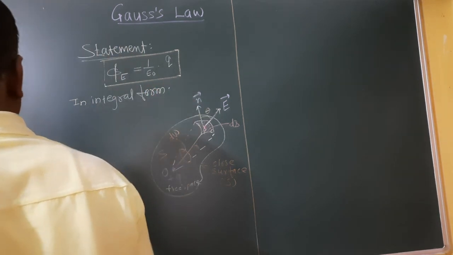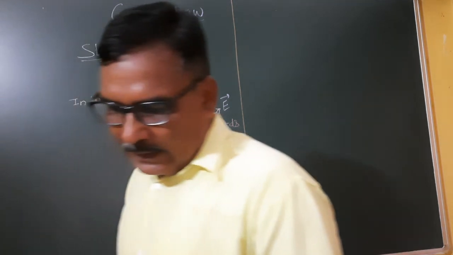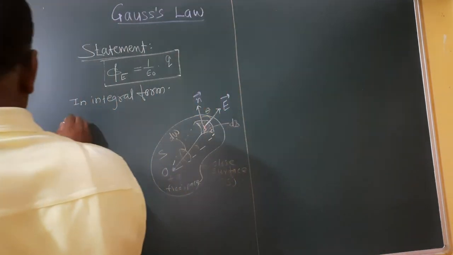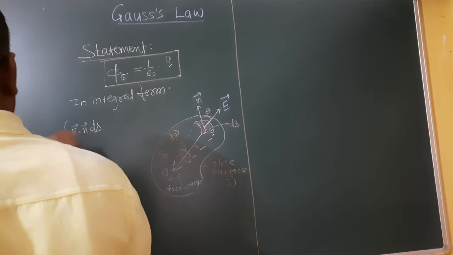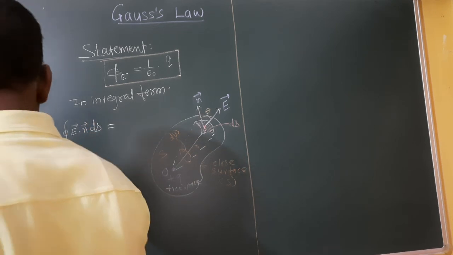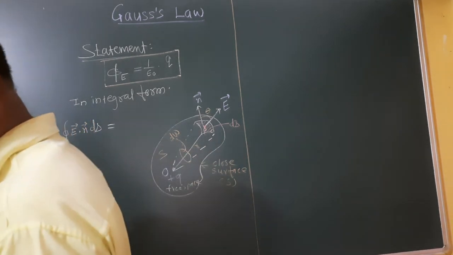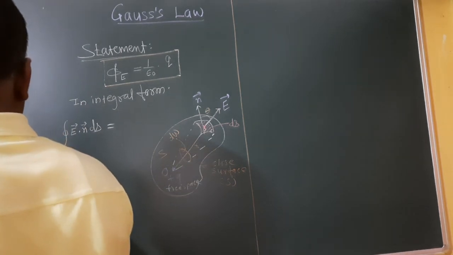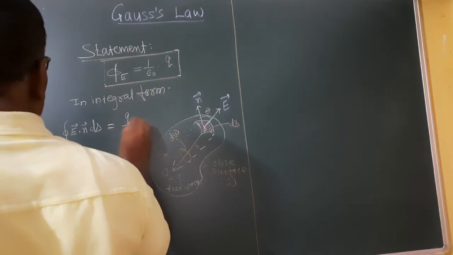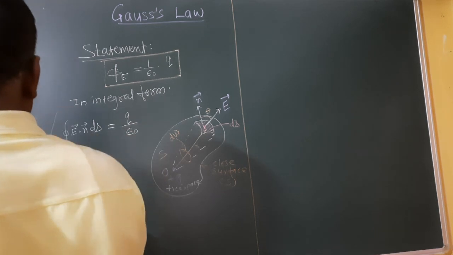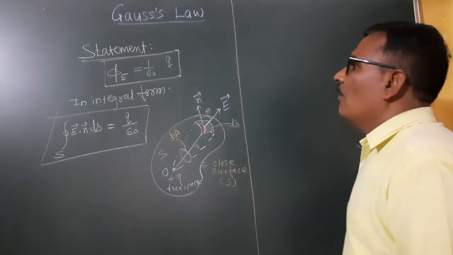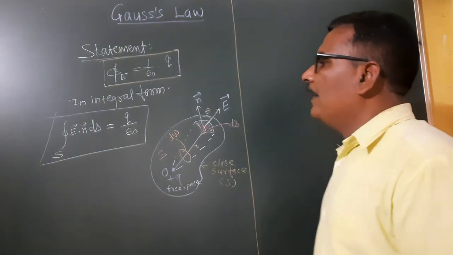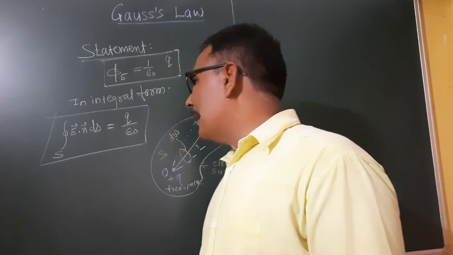Now, in the integral form, we write the electric flux as the surface integration of E bar dot n bar into ds over the surface S, and that is equal to Q upon epsilon naught. This is one more formula, called Gauss law in integral form: E bar dot n cap into ds equals Q upon epsilon 0.